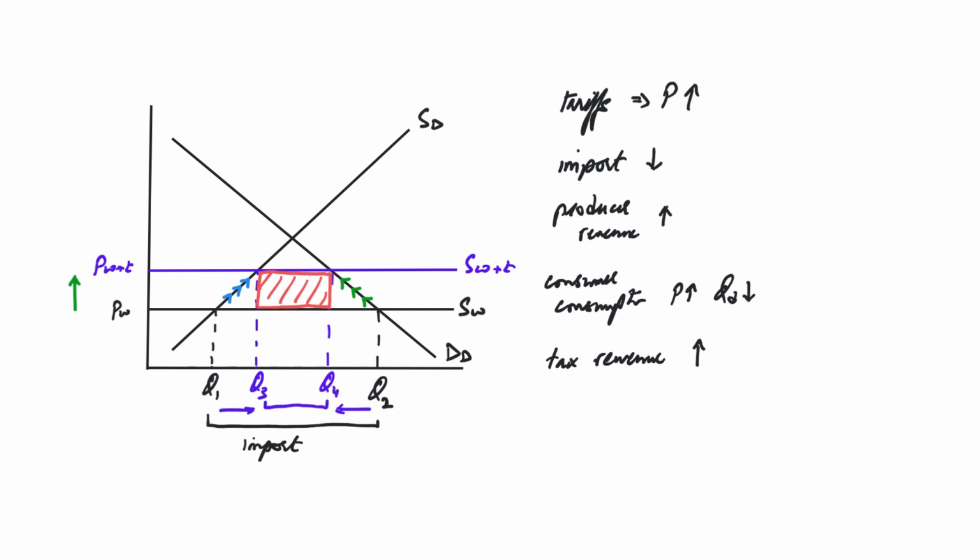If the tariff is removed, the prices will go down, imports will rise, producer का जो revenue है that's going to go down, consumers का जो consumption है that is going to go up, and जो government का tax revenue है that's going to fall down.